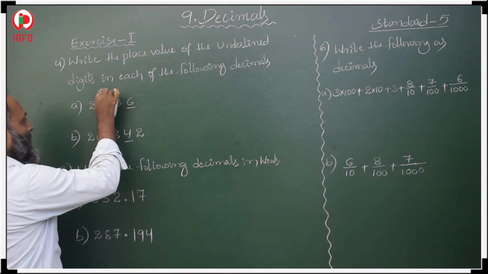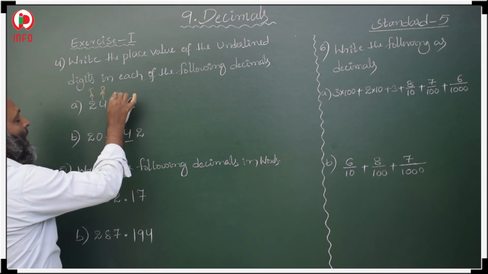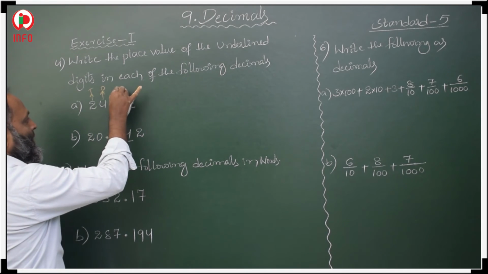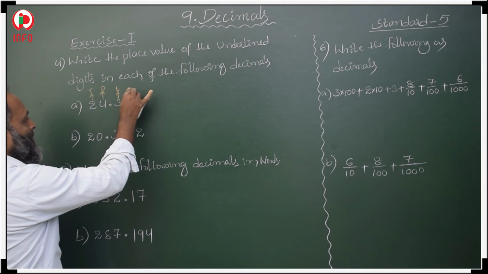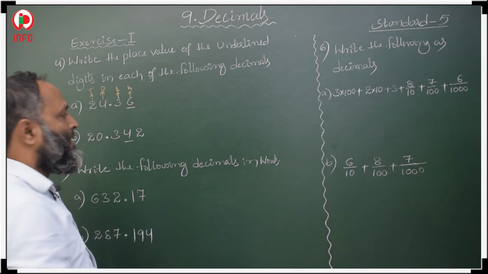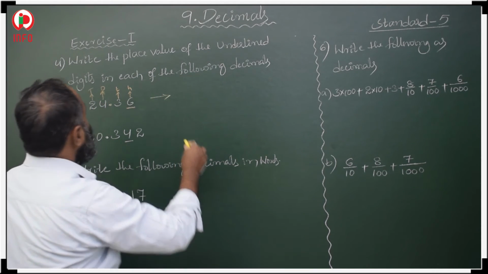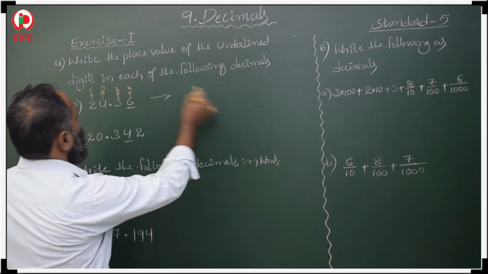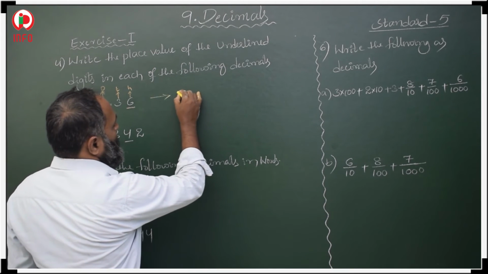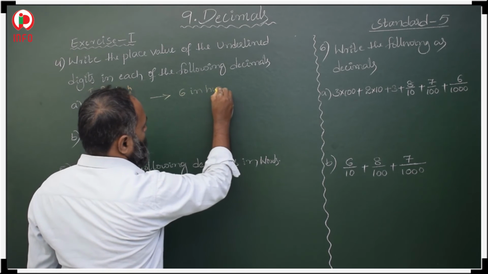We know the left side places are ones and tens. Right side places are tenths and hundredths. 6 is in hundredths place. The place value is hundredths. So for the underlined digit we write 6 in hundredths place.